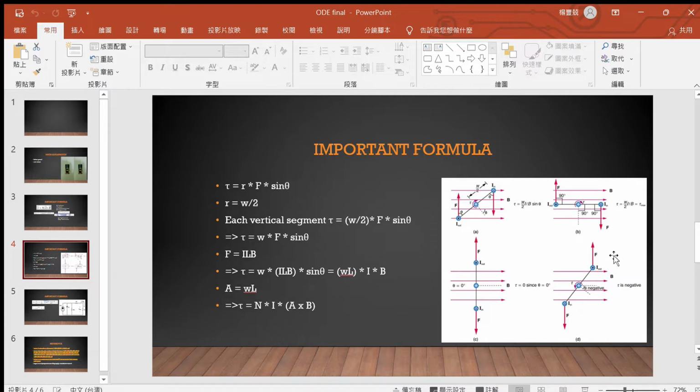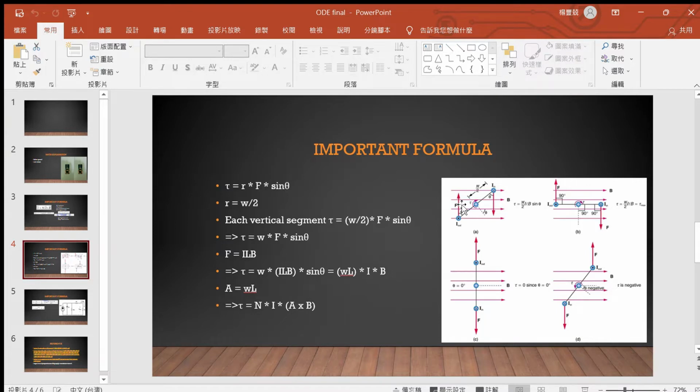Torque is defined as tau equals R F sine theta, where F is the force, R is the distance from the pivot at which the force is applied, and theta is the angle between R and F. As seen here, the forces on the sides are equal in magnitude and opposite in direction, so the net force is again zero.